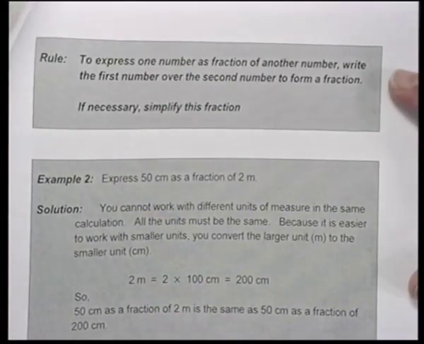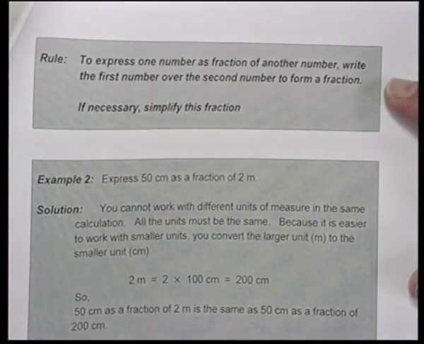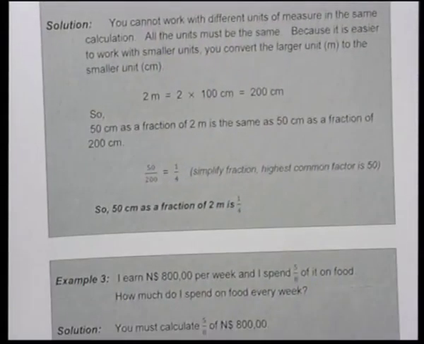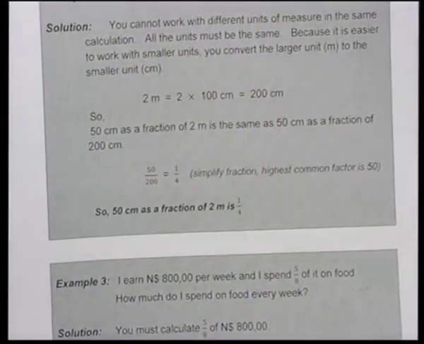To express one number as a fraction of another number, write the first number over the second number to make a fraction. And then simply simplify. The same here with centimeters and meters and money. We can do the same.